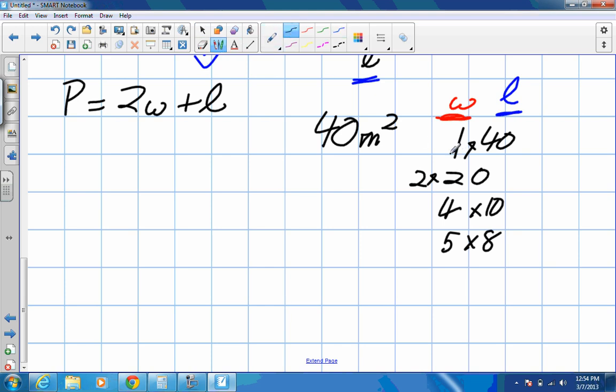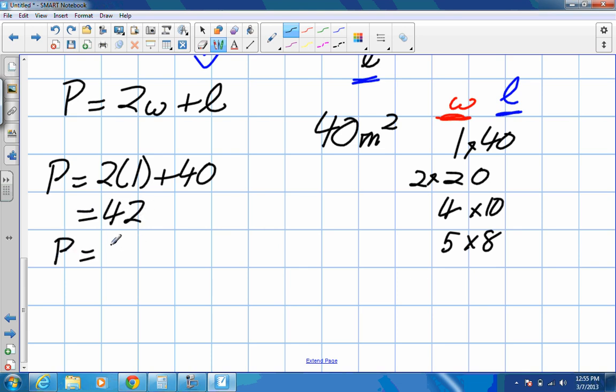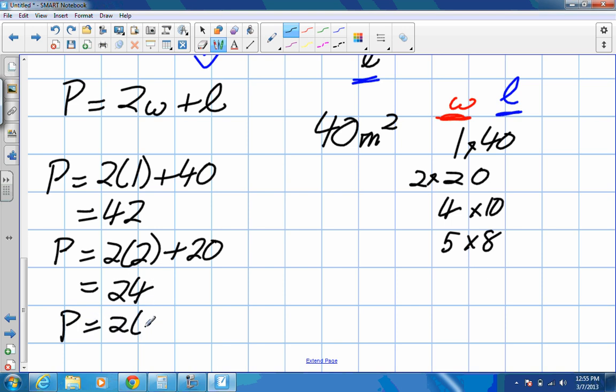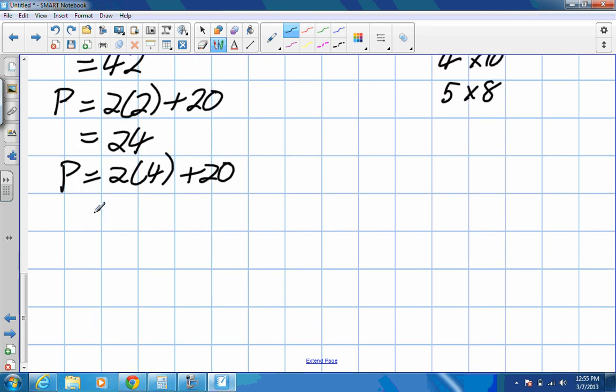If our width is 1 with perimeter, then our length is going to be 40, and we're going to have a perimeter of 42. If our width is 2, we'll have a length of 20, and we're going to have 24 as a perimeter. Okay? If our width is 4, we're going to end up with, oh wait, yeah, that should be 10.